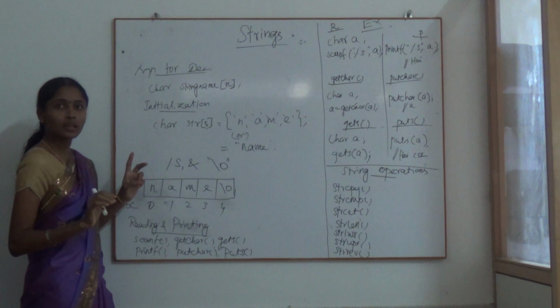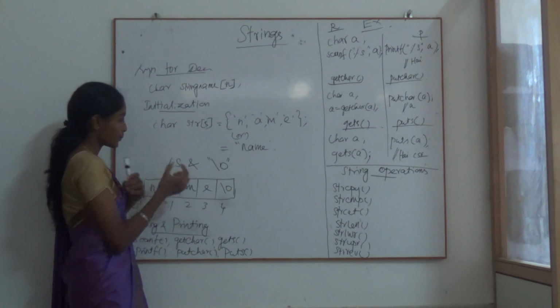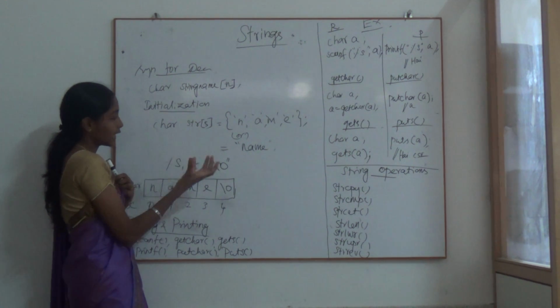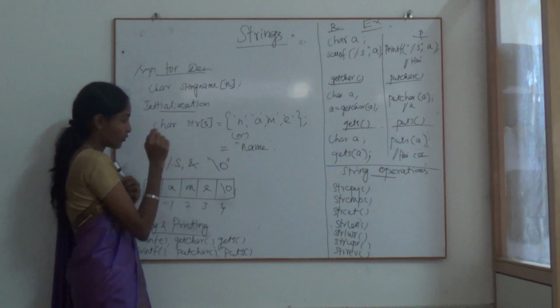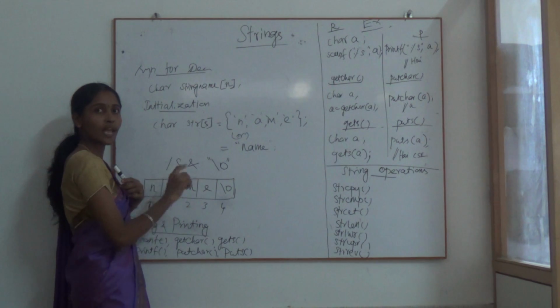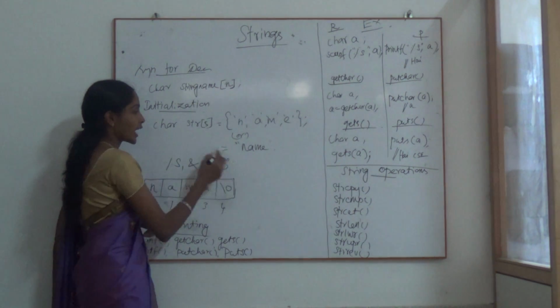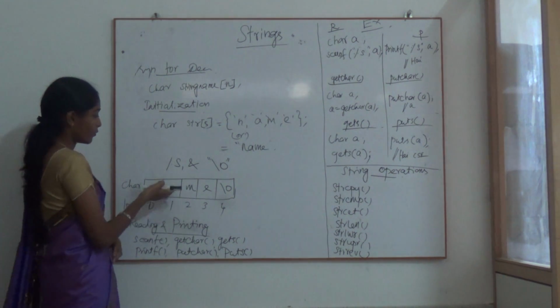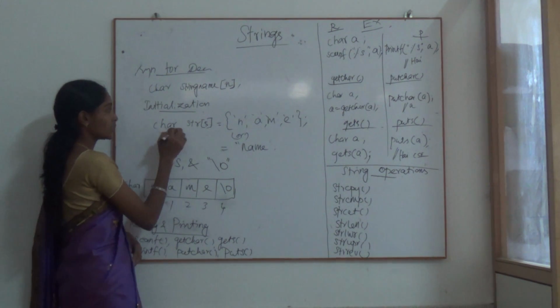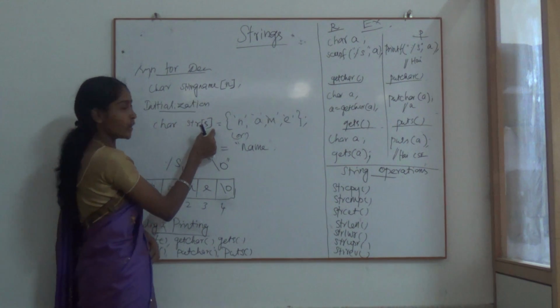One important thing to remember: for getting the string we have to use %s, and in scanf we should not use the ampersand sign. The last character in a string should always be null. For example, char, string name, and size is 5.